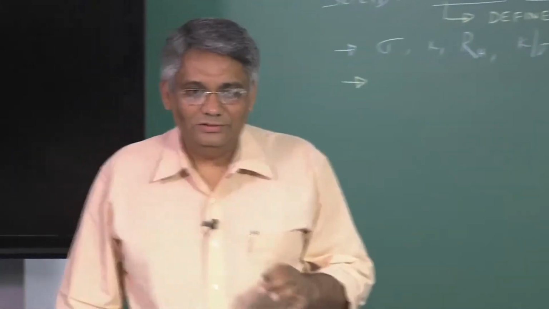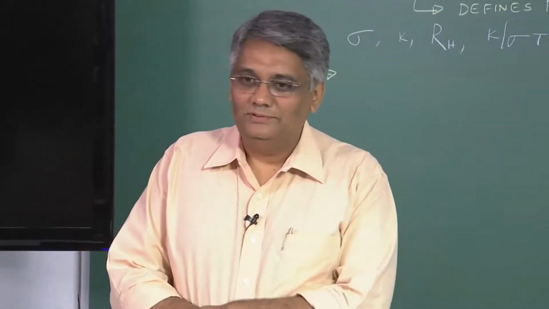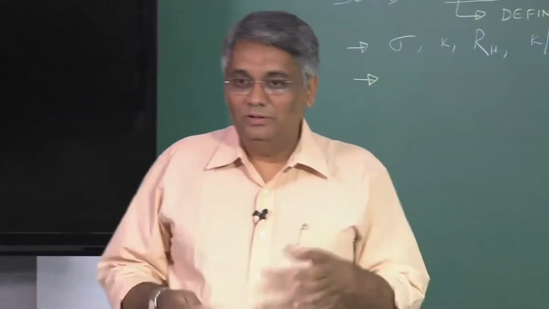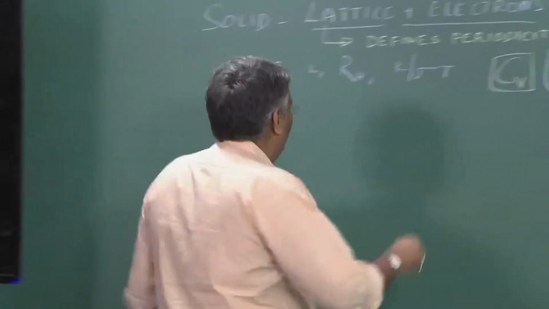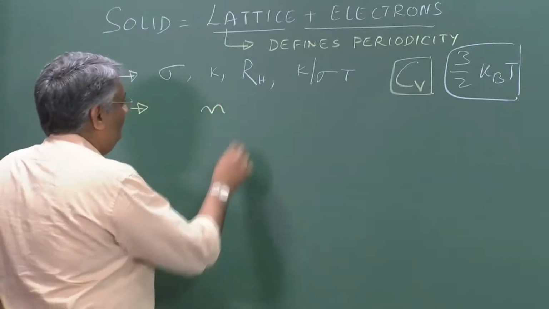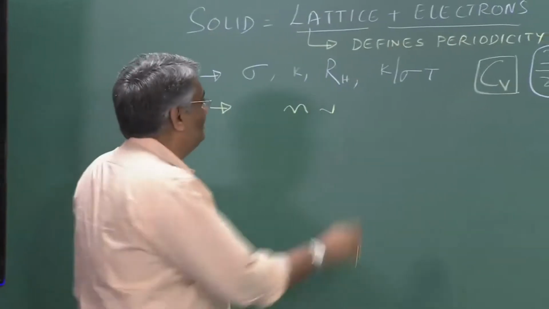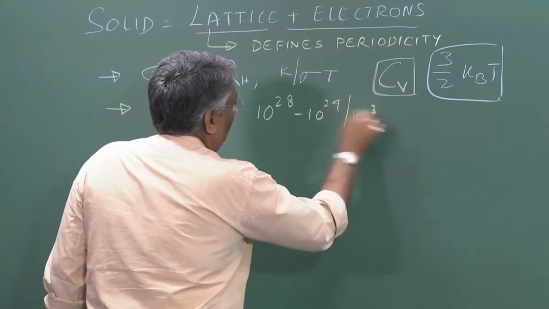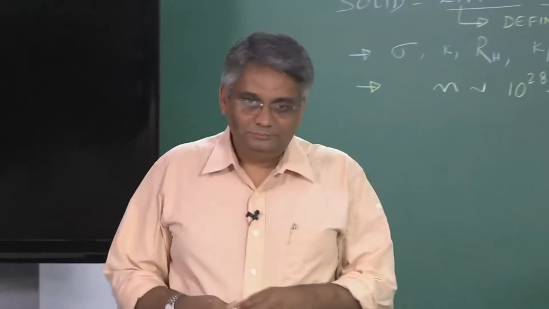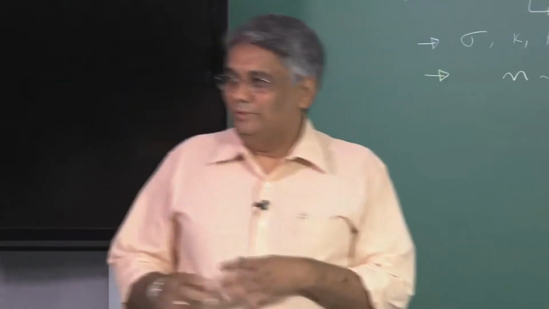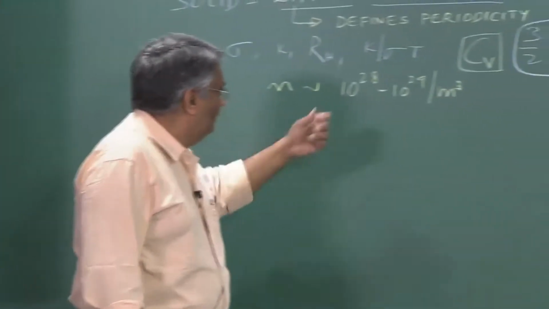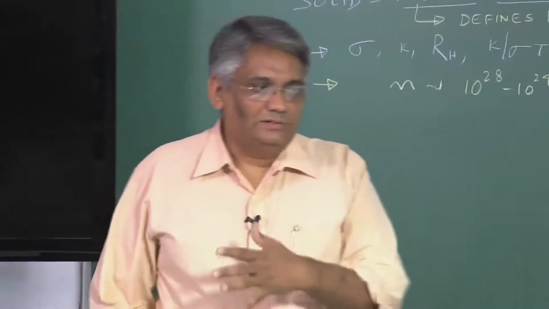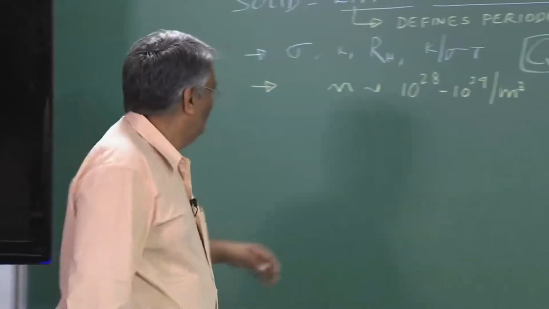So you have free electrons, there are not many interactions between electrons and other species, and these are considered to be as free as gas molecules. Of course, if you start accounting for the number density, these number densities are of the order of 10 raised to 28 to 29 per meter cube. And typically, the number densities in the case of a gas at NTP are almost 3 orders less. That's how it goes. Okay.